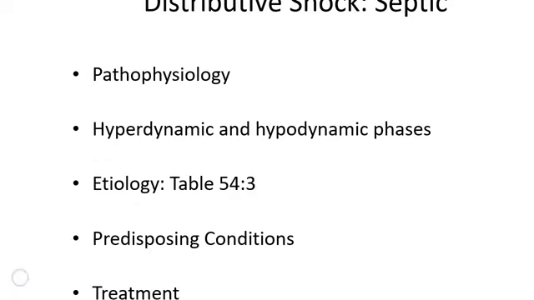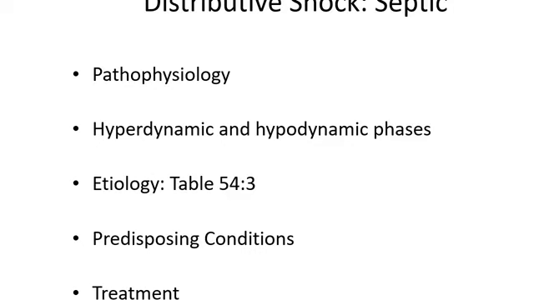So the first type of distributive shock is septic. Very, very common, something that you're going to see sepsis bundles and sepsis protocols posted all over your units. What's happening with sepsis is that you have an underlying infection that leads to a SIRS response, the systemic inflammatory response syndrome, and that causes capillary leak.